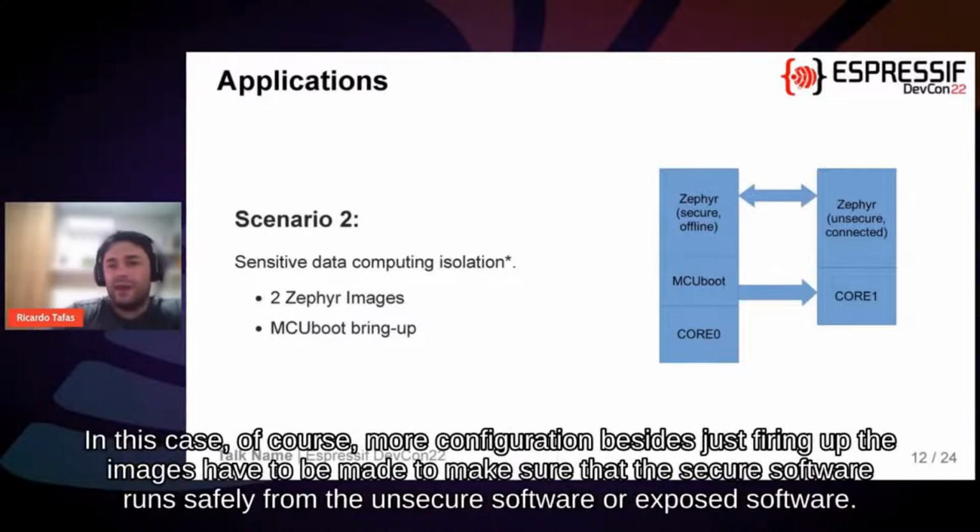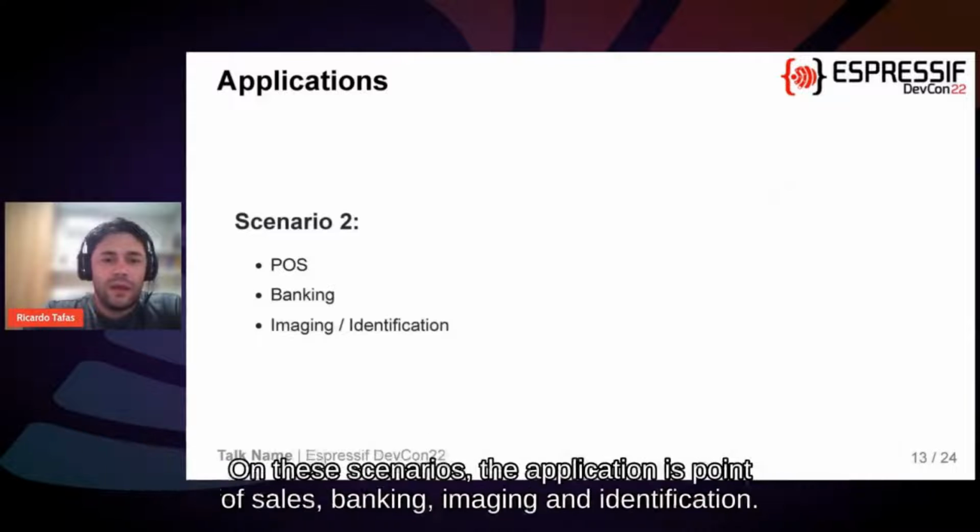In this case, of course, more configuration besides just firing up the images has to be made to make sure that the secure software runs safely from the unsecure software or exposed software. In these scenarios, the applications are point of sales, banking, imaging, and identification.